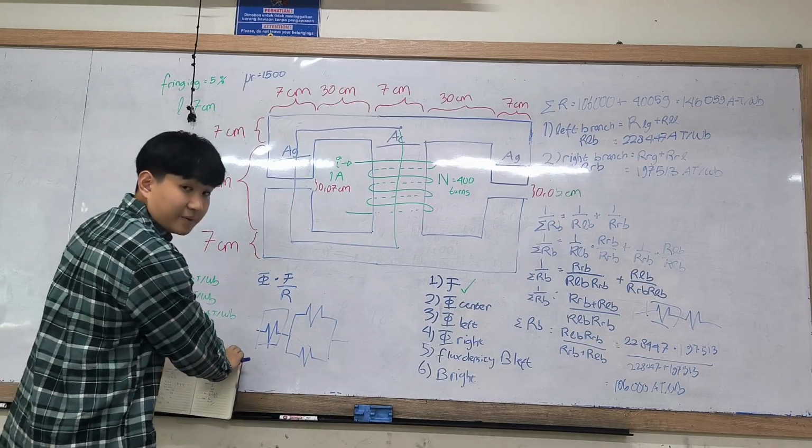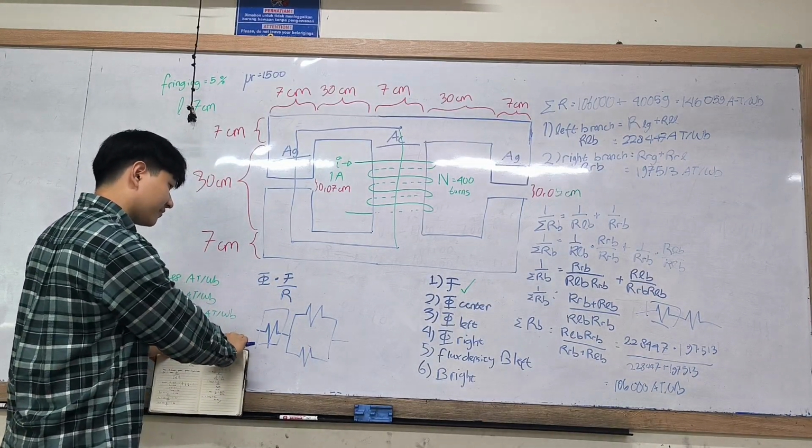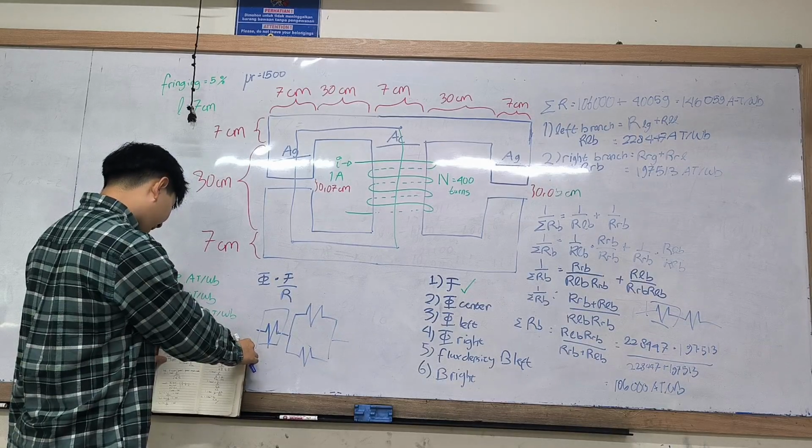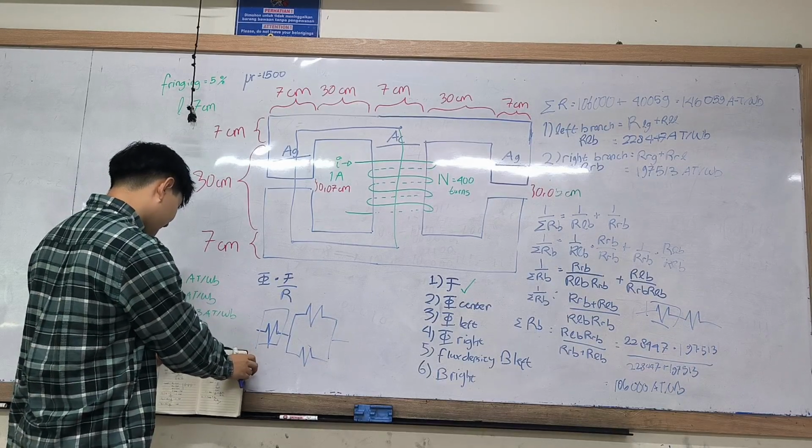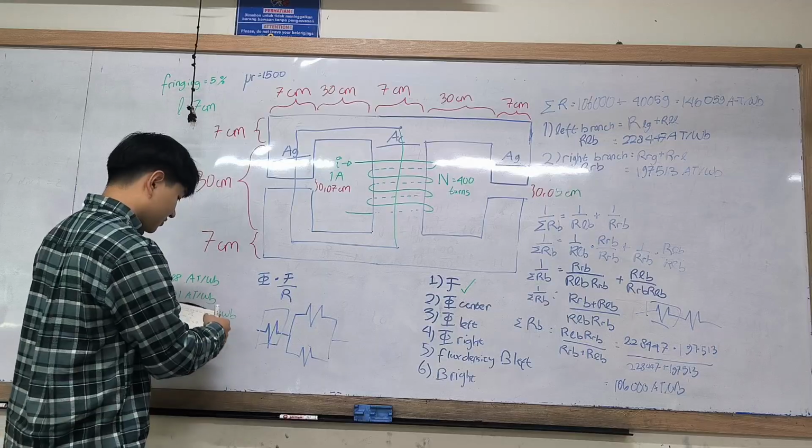To be able to find the magnetic flux at the center, at the left and at the right, we first have to use the current divider rule.